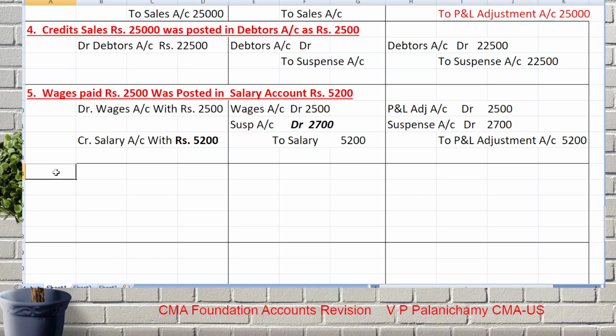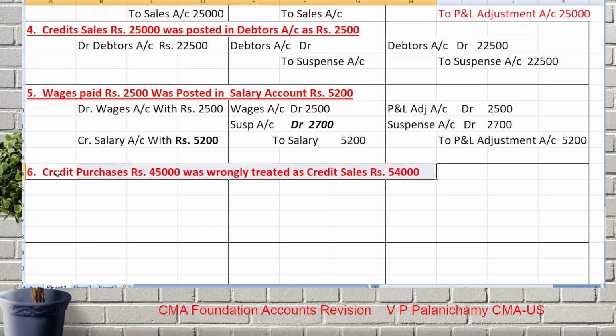Shall we? Next. Purchases. Okay, credit purchases rupees 45,000 was wrongly treated as credit sales rupees 54,000.